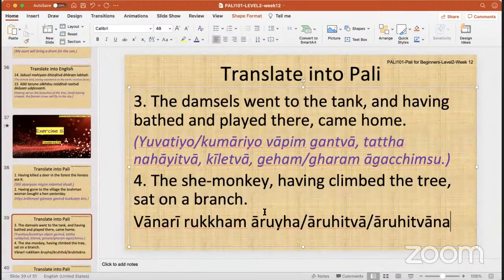So we also learned why this change happens, because of the consonant at the end, ruh. So we see the interchange. Bhante, in aruhitvana, will there be a y before h?